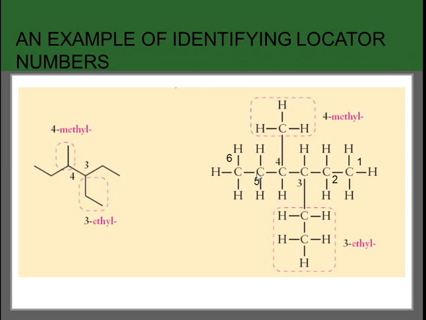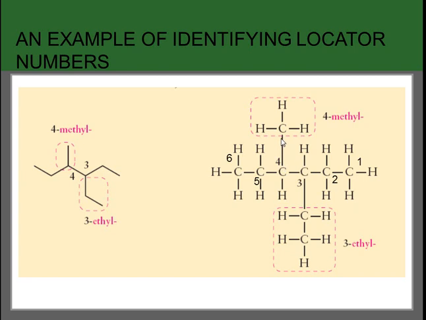In this case, it's not quite important which side we start numbering from. 1, 2, 3 gets a branch point, 4 gets a branch point, 5 and 6. If we numbered from the left, 1, 2, 3 would have a branch point, 4 would have a branch point, 5 and 6. So in this case, it's a little ambiguous as to whether we would number from the right or the left. And then we label them.